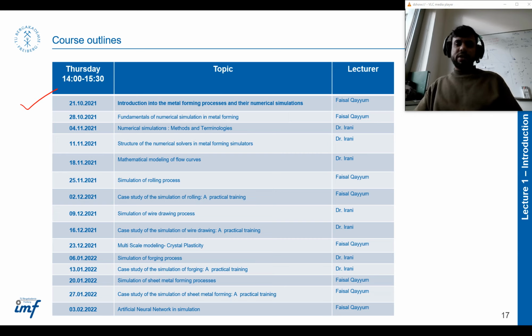For example, initially we will talk about the simulations of the rolling process, where we will talk about the theory and where all the numerics is coming from. Then in another lecture we will take a specific example of a case where we will make a numerical simulation model and see how what we learned correlates with what a computer can do.